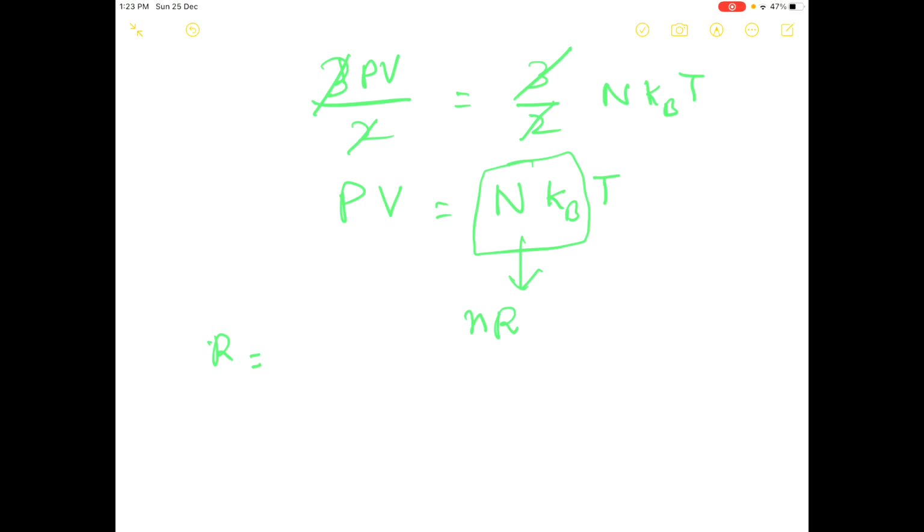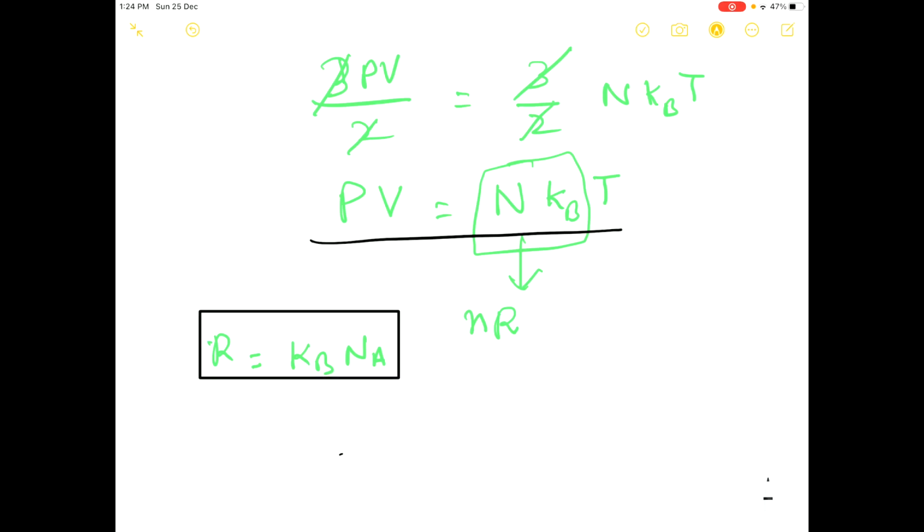Here R is equal to kb and NA, and if we divide this equation by NA, the Avogadro number, then kb NA will become equal to R, and then it becomes PV is equal to nRT.